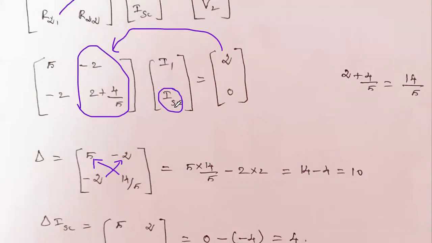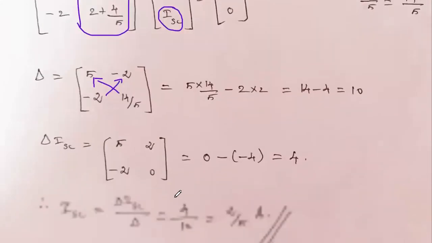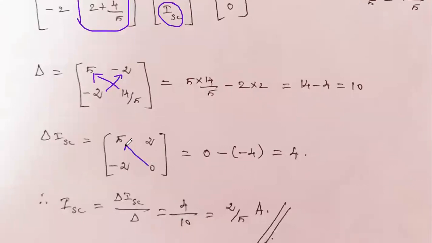To find the second variable ISC, you replace the second column. So del ISC equals 5, minus 2, with 2 and 0 replacing the second column. Calculating this determinant, 5 into 0 is 0, minus of minus 2 into 2, minus 4, so 4.